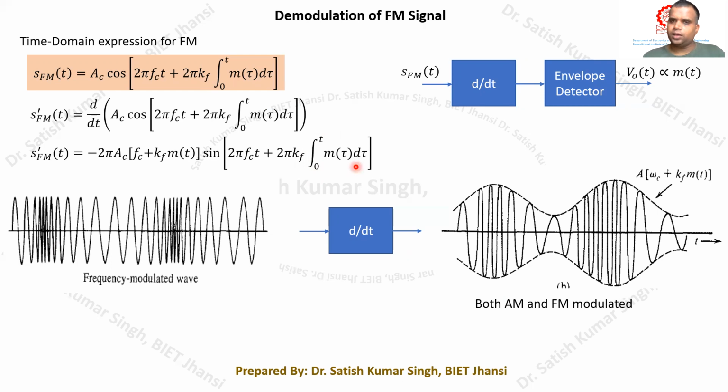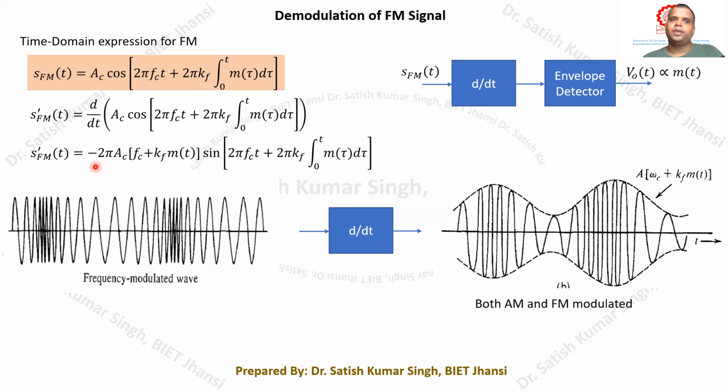Now if you see this differentiated expression of the FM signal, its magnitude also depends on the magnitude of the message signal. This is the envelope part of the frequency modulated signal, because this is our sinusoidal term, and whatever we multiply in front of the sinusoidal term becomes the envelope of that function.